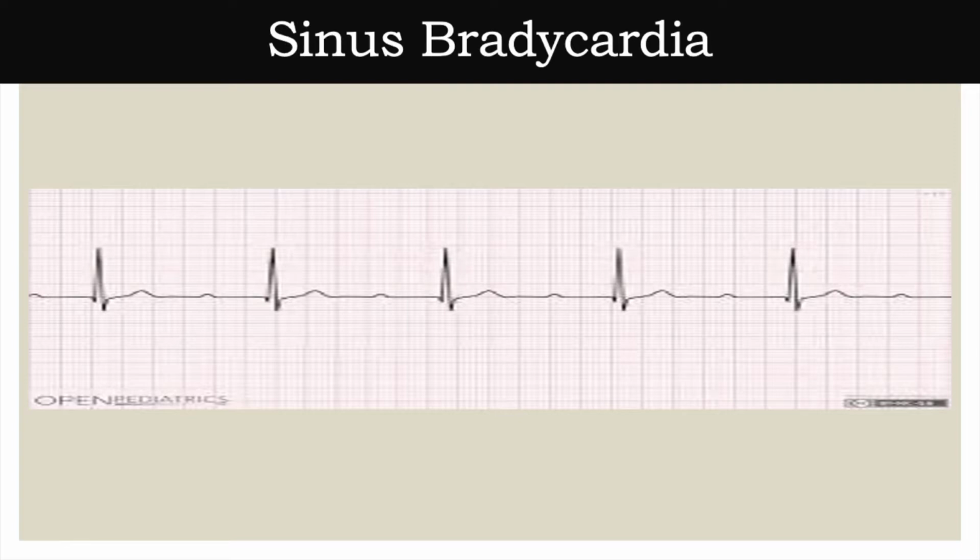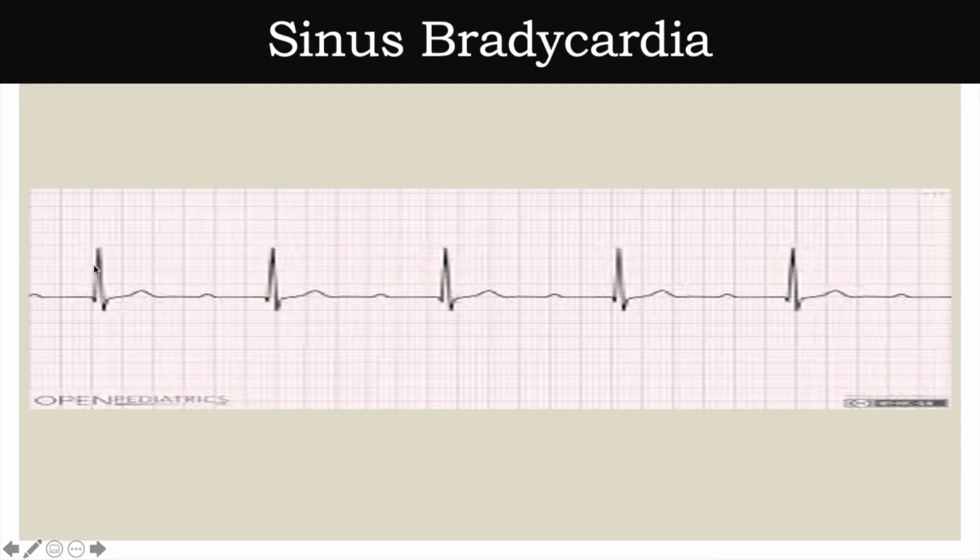It's just that from R to R, it's what's abnormal. You see that you have your P wave here, your QRS, and your T, and then from here to here, it's the same amount of boxes. So everything is even. It's just a slower rate.